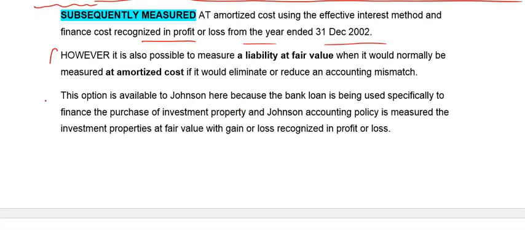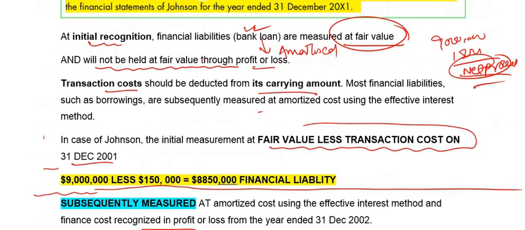From here we have a finding: the financial liability, which means the bank loan taken for the asset, where that asset is measured at fair value to profit or loss, can also be measured at fair value to profit or loss according to IFRS 9. Normally it would be measured at amortized cost, and this is the normal treatment of a bank loan that I have done here.